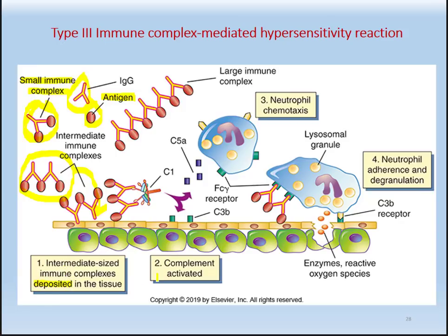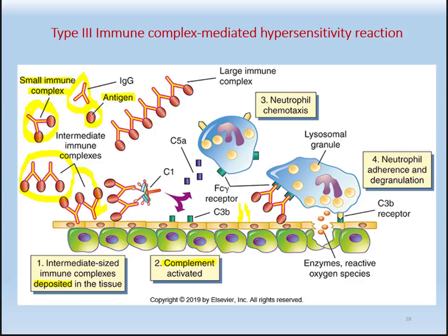Now, the harmful effects of these immune complex depositions are caused by complement activation, particularly through the generation of chemotactic factors in the area. So all of a sudden you have all these chemotactic factors being given off, and what they end up doing is attracting neutrophils, because we know neutrophils will be attracted to an area by the presence of chemotactic factors.